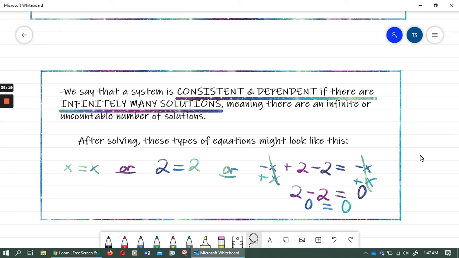x equals x, right? Well, x is equal to x. That's very true, and x would be equal to x no matter what value of x you plugged in. So despite any particular x value you plugged in, x would equal x.